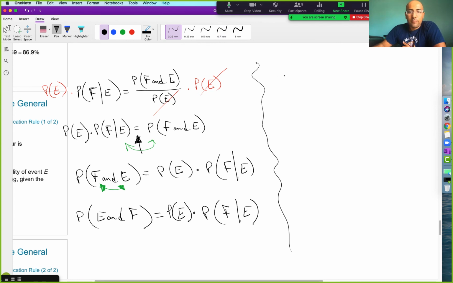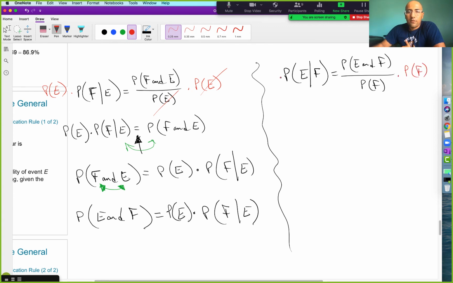if we had the probability of E given F, then this is equal to the probability of E and F divided by the probability of F. Again, we could multiply both sides by the probability of F. These guys cancel.